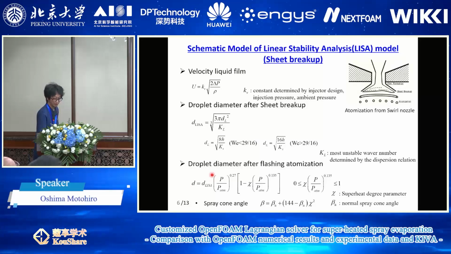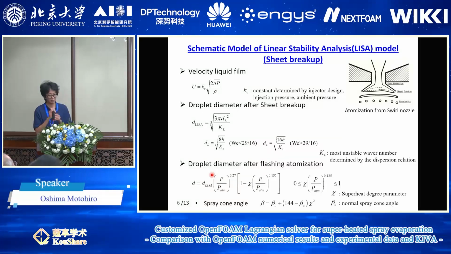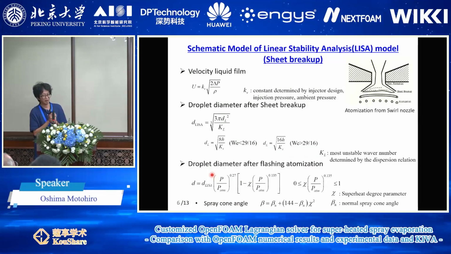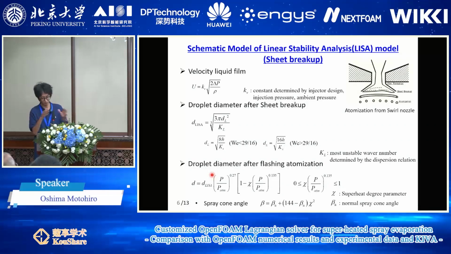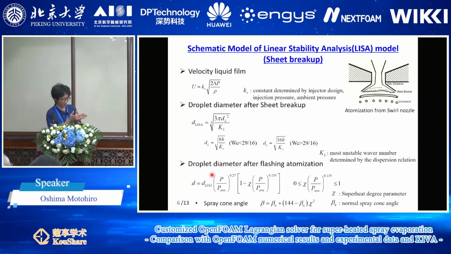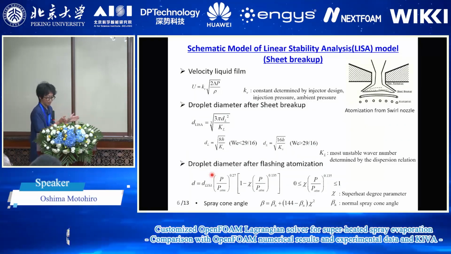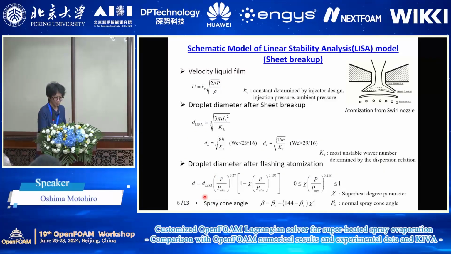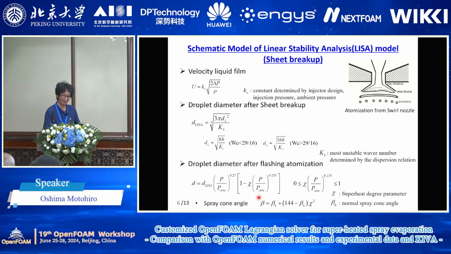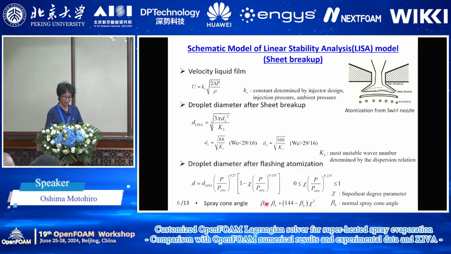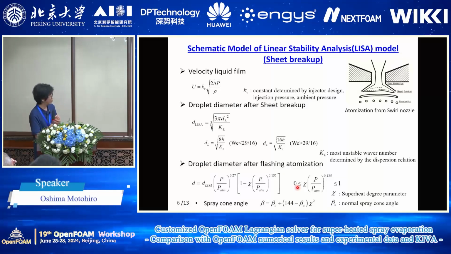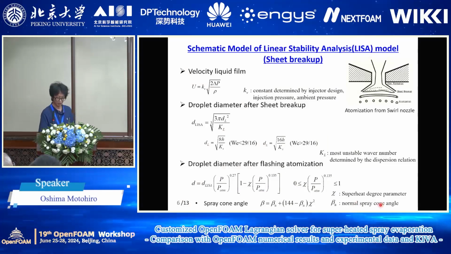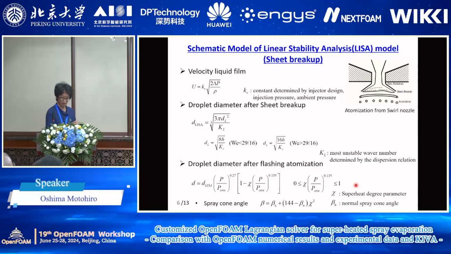In flash boiling spray, the spray cone angle is wider. The spray cone angle is calculated by this equation using the normal spray cone angle and the superheat degree parameter.